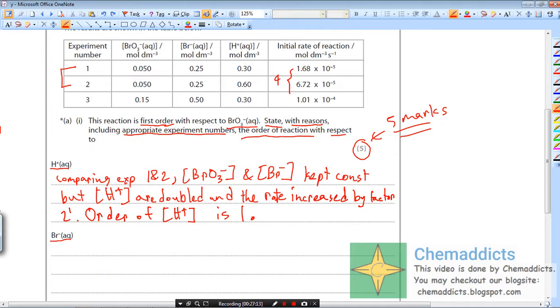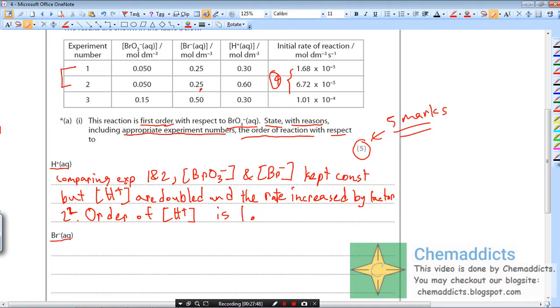So here, comparing experiment 1 and 2, bromate and bromide are kept constant, but H plus ion are doubled. By increasing H plus ion by factor 2 to the power 1, the rate also increases. That is, the rate is 4 times.